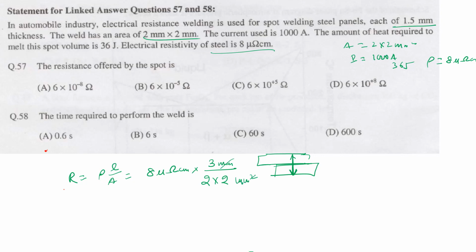So it will be 8 micro ohm cm divided by 3 by 4. 1 mm is equal to 10 power minus 1 cm, right? So cm will cancel.